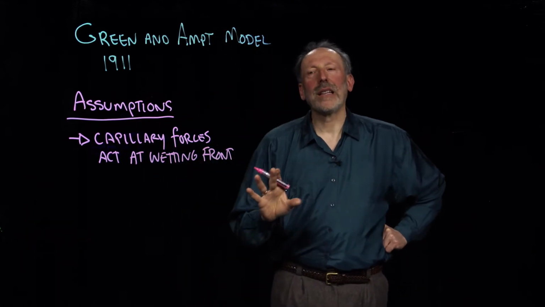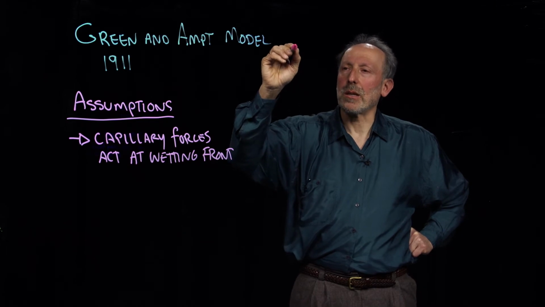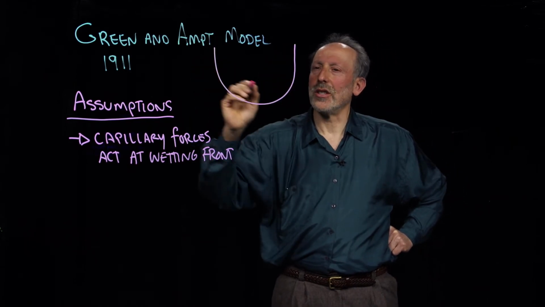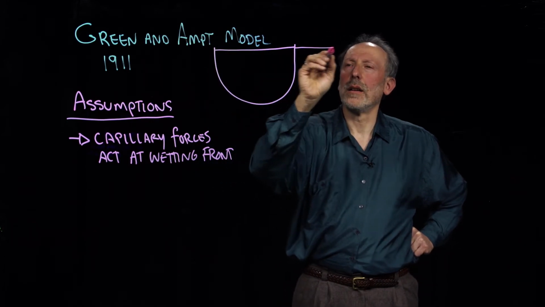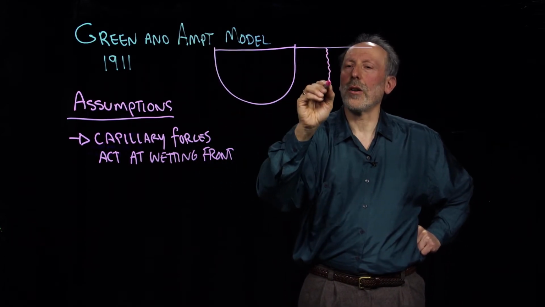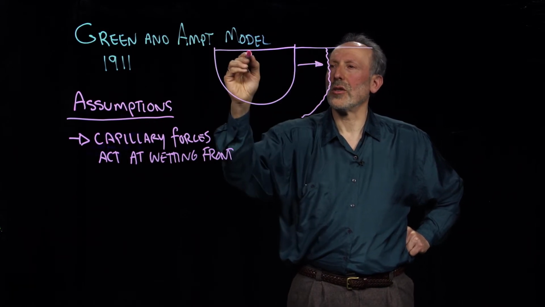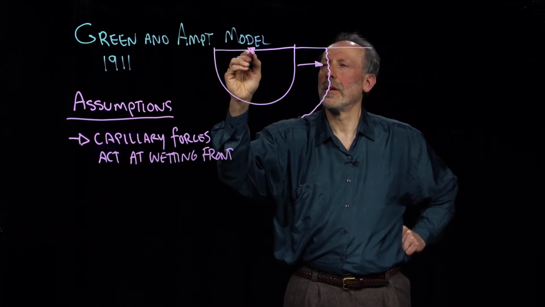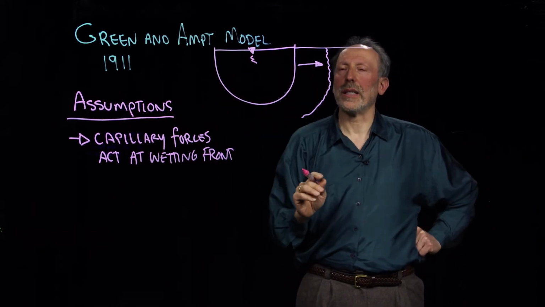So what we're saying is, let's just, for the time being, look at a horizontal problem. So let's suppose we had like an irrigation ditch here, and we had water in it. And I want to get the rate of that water movement away from the ditch here. So this is our ditch full of water, and here's our wetting front moving away from that ditch.